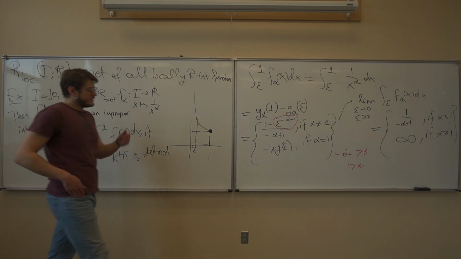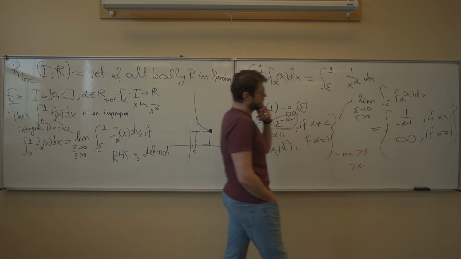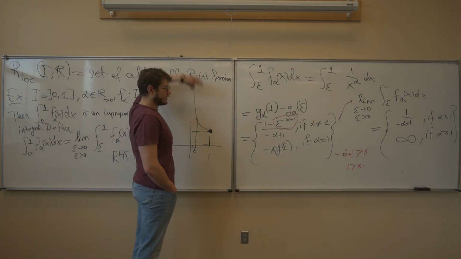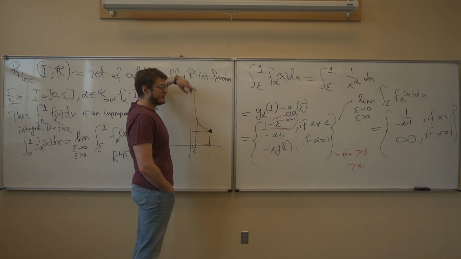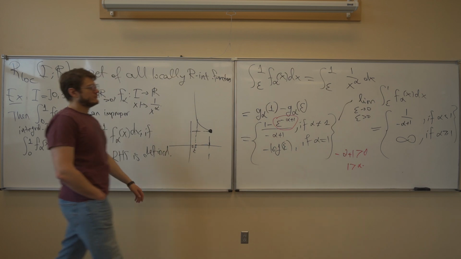So this is interesting, right? Because if alpha, for instance, were 1/2, 0.5, then I have an asymptote, goes to infinity, but the area underneath converges to a finite number. That's an interesting situation.